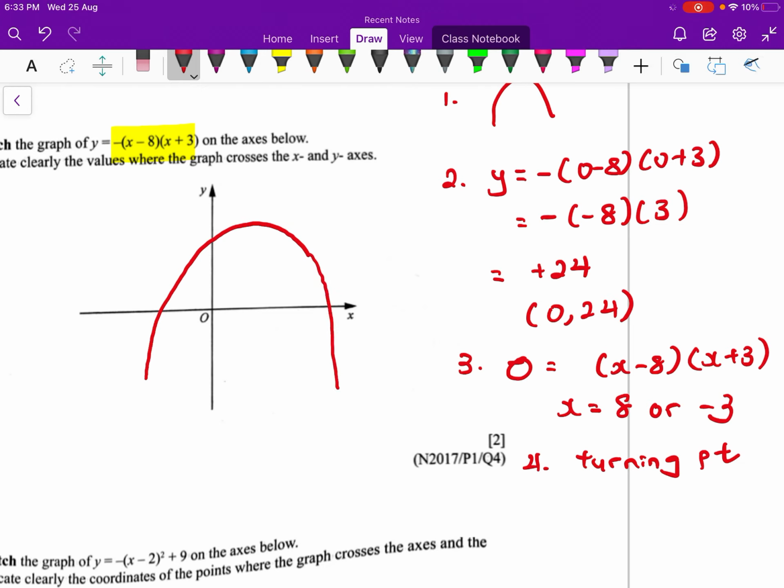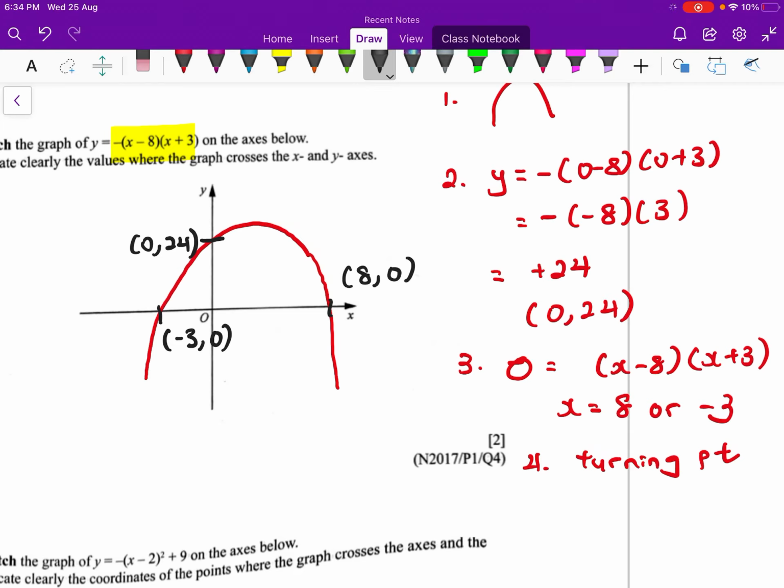Right? Okay, so now we put in the labeling. So this is (0, 24). And here is (negative 3, 0). Then the other part is (8, 0).